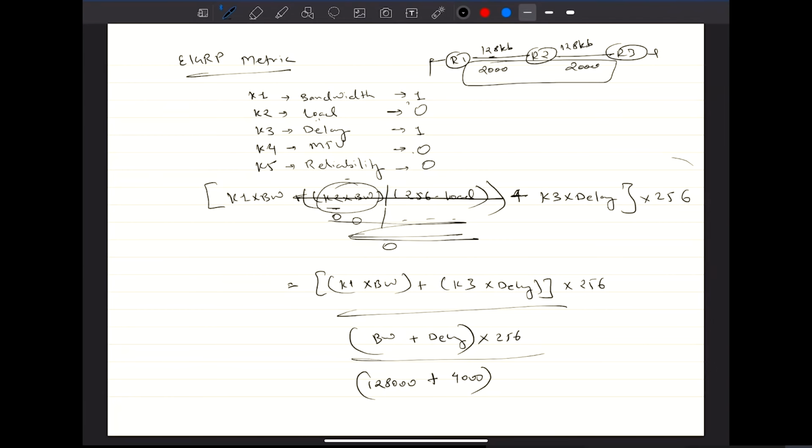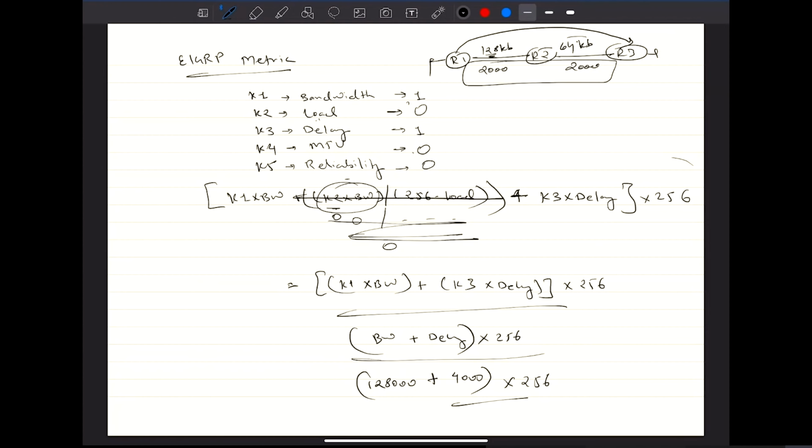And then when you add them together, you multiply it by 256, and that's how you calculate the metric. Okay, this is how the scenario is going to be. But you need to consider that if one of the links uses 128 kb and the other link does not use 128, but rather 64 kb, then for reaching from here to here, the bandwidth considered is not going to be 128.